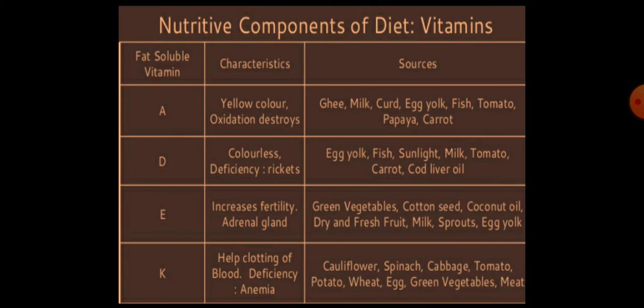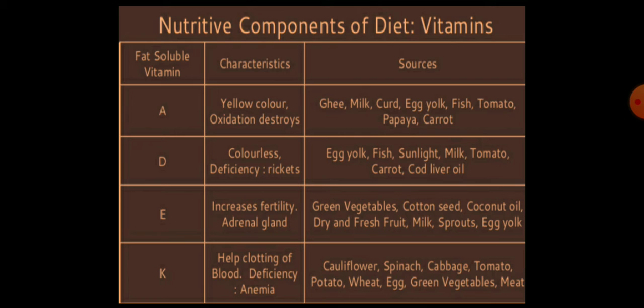Vitamin E increases fertility and helps in adrenal gland functioning. Vitamin K helps clotting of the blood, that is the coagulation property. Deficiency is the hemorrhagic conditions or anemia.